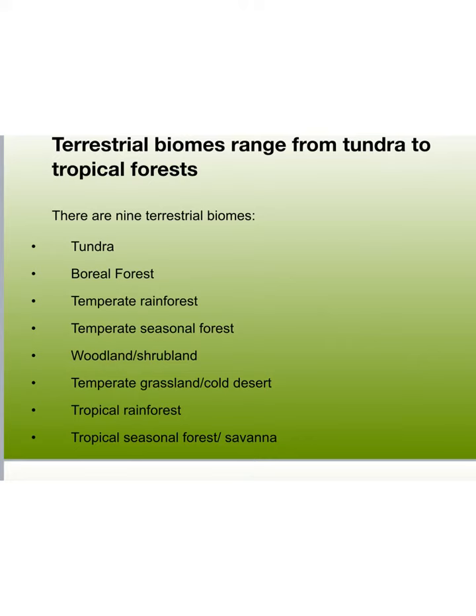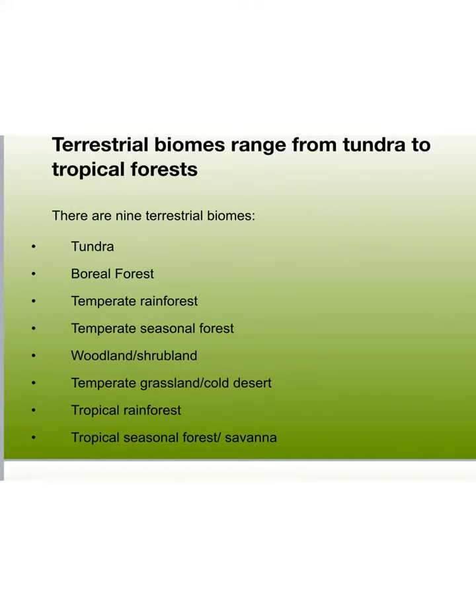We can divide terrestrial biomes into 3 major categories: the temperate biomes, the tropical biomes, and then the tundra and boreal forest biomes. Even though you've learned about more biomes than just 3, there's really 9 subcategories within those 3 categories.